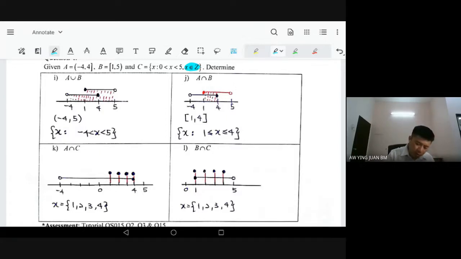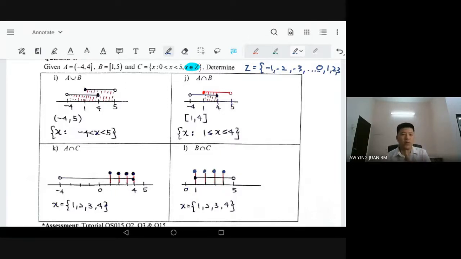So for your information, the Z integer is equals to -1, -2, -3, and so on, 0, 1, 2, and 3, and so on. Dia sebiji. Faham tak? That's why, yang bawah ini, dia dotted.